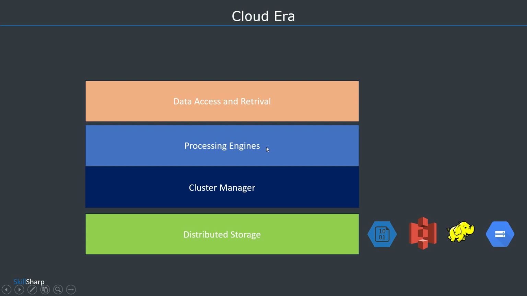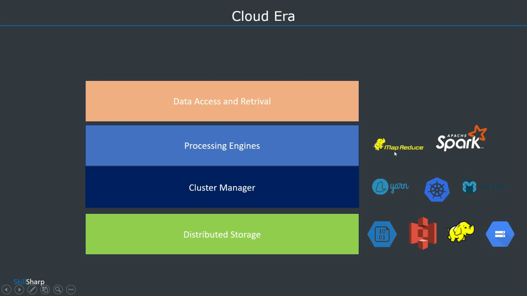But in the era of cloud, as cloud evolved, we have multiple solutions for distributed storage like Azure Blob, Amazon S3, Google Cloud Storage, and even our native Hadoop HDFS as well. For cluster managers, we have Yarn, Kubernetes, and Mesos.